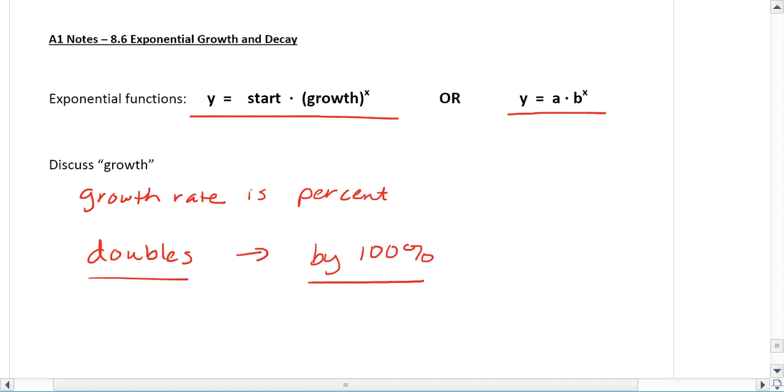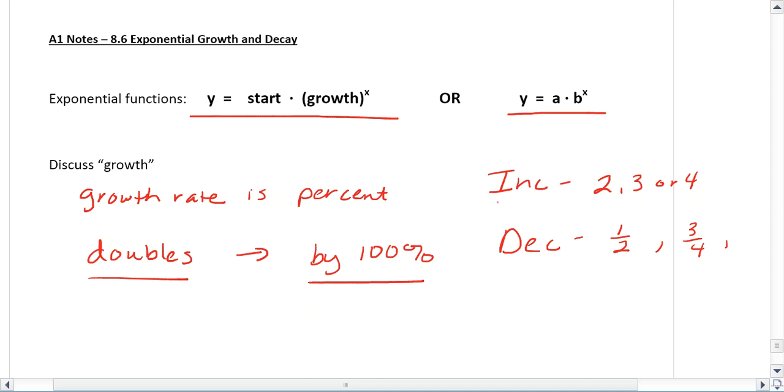Remember, an exponential function is increasing when the growth is more than 1, like 2 or 3 or 4, and it's decreasing when we have a fraction that's in between 0 and 1, like 1/2, or 3/4, or 7/8, anything.